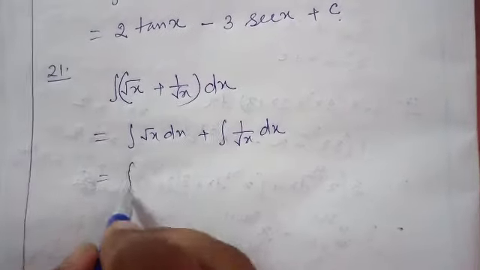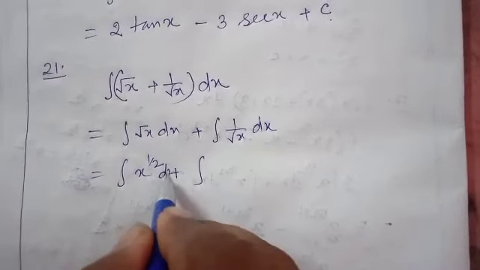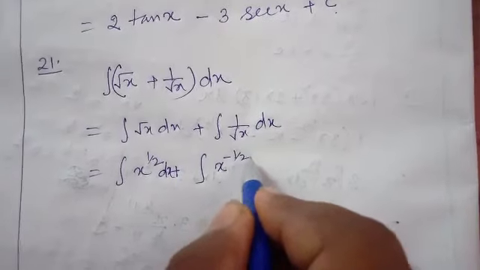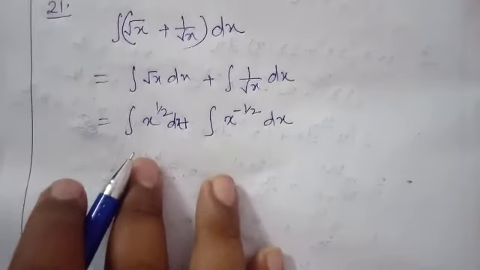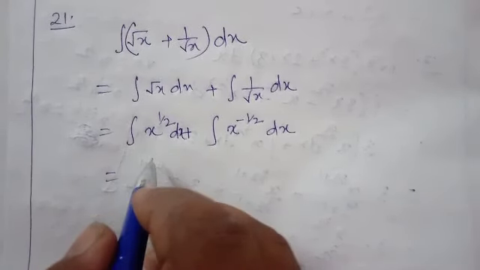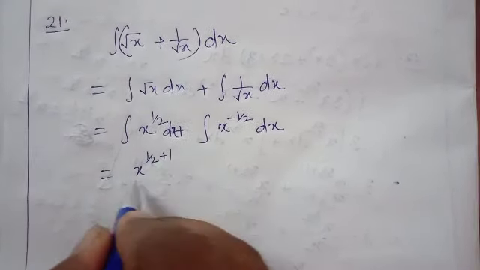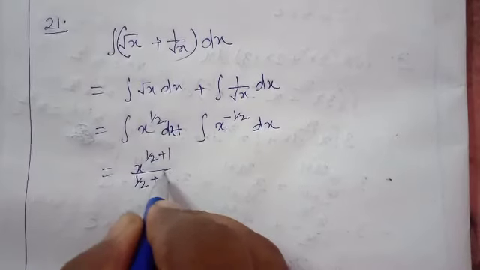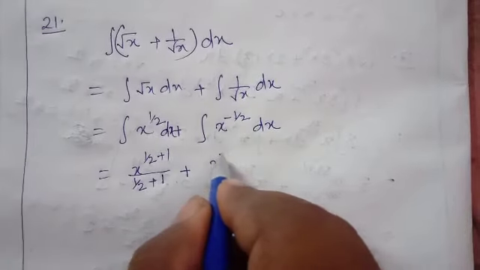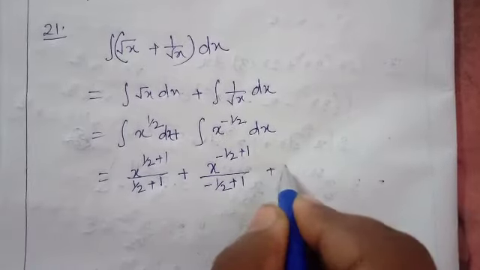So here you can write it as integration of x to the power 1 by 2 plus integration of 1 by root x, you can write it as x to the power minus 1 by 2, dx. So here you can use that formula, integration of x to the power n is x to the power n plus 1 by n plus 1. Here n equals half, so 1 by 2 plus 1, plus here n equals minus 1 by 2, so minus 1 by 2 plus 1, plus c.